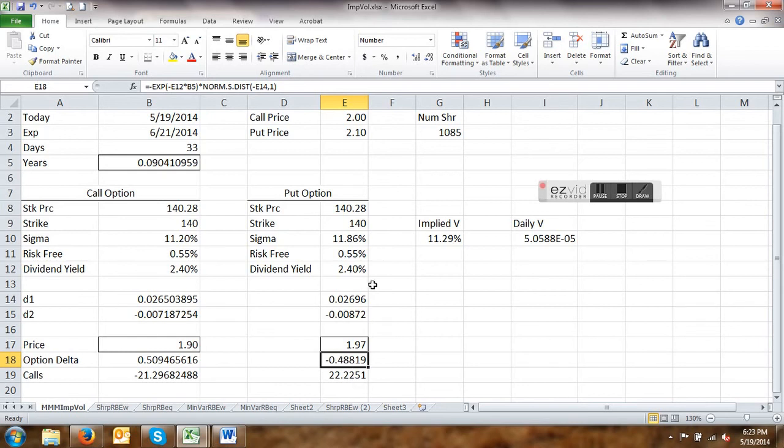And whatever money I spent here, if the stock price goes up, I can lose the entire value that I originally invested. So $1.97 per share times 2,200 shares. On the calls, the money comes into my account. Now, if the stock price moves up and the call's in the money, say I finish out at $145, for example, then the calls are going to get executed, and I have to sell as part of the call 2,100 shares.